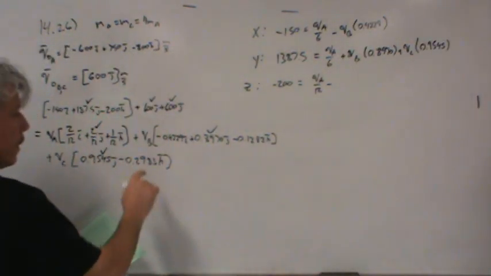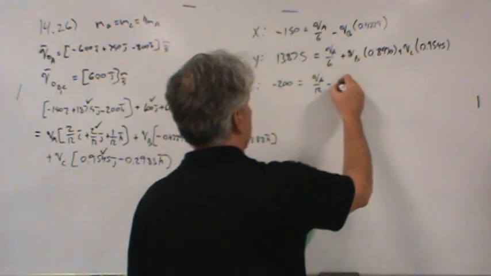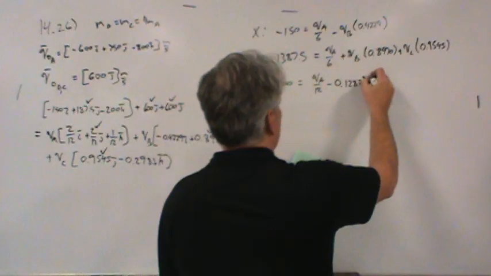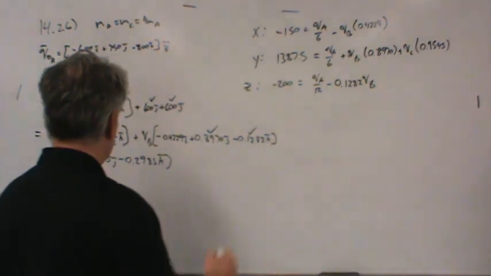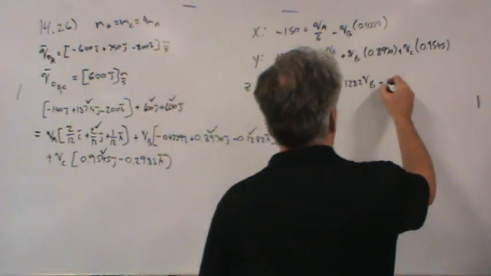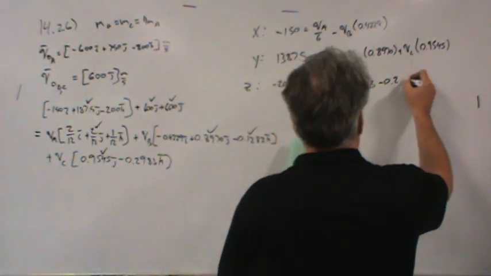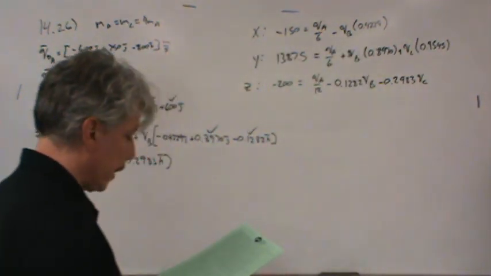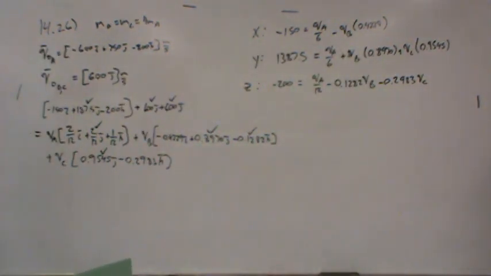It's negative, I guess I'll put the factor out front, 0.1282 VB, that term. And then finally for VC, minus 0.2983 VC. So there are the three equations that I need to solve.